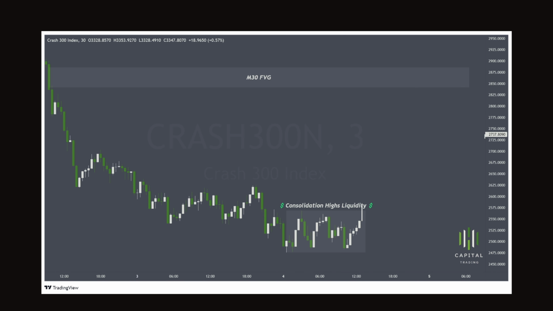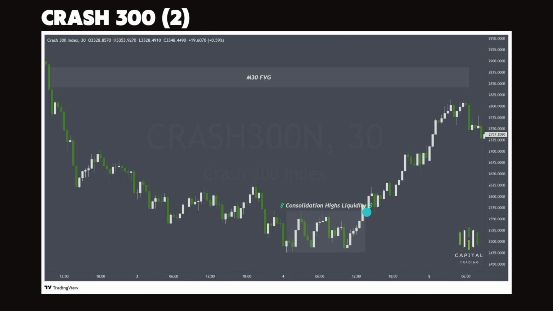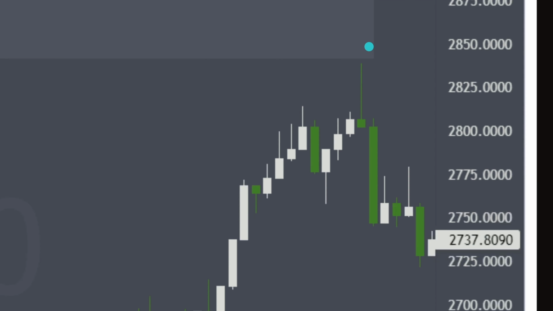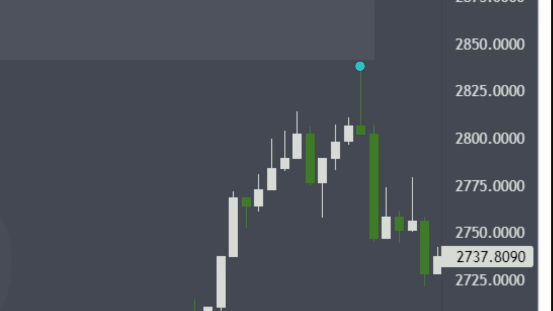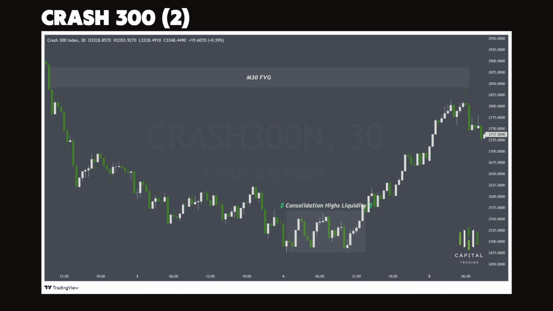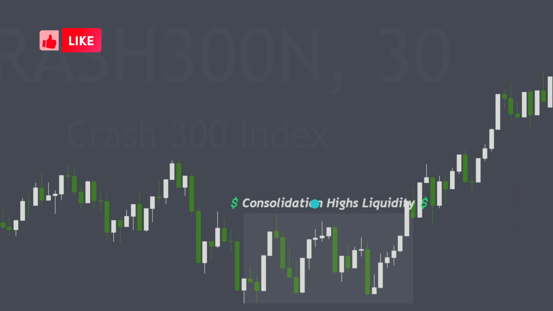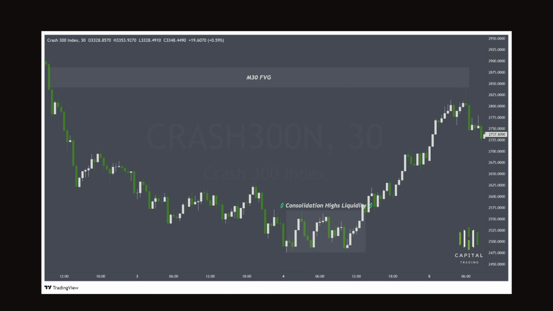So that's what they did here. They broke the highs while attempting to reach into the fair value gap. They didn't really get to it, but they were close to it. So that's how they broke these highs to try to reach for liquidity. So let's look at the third example.